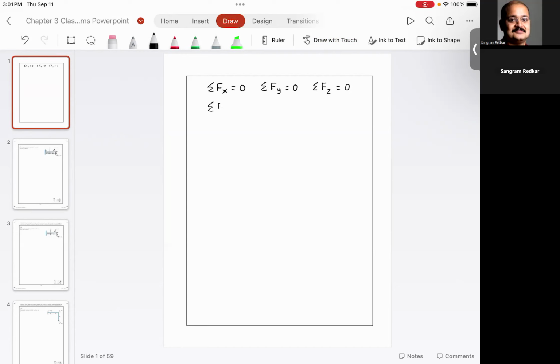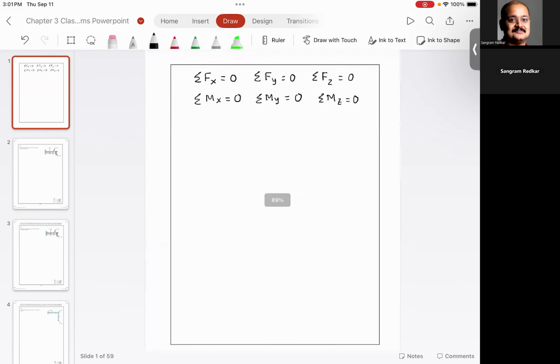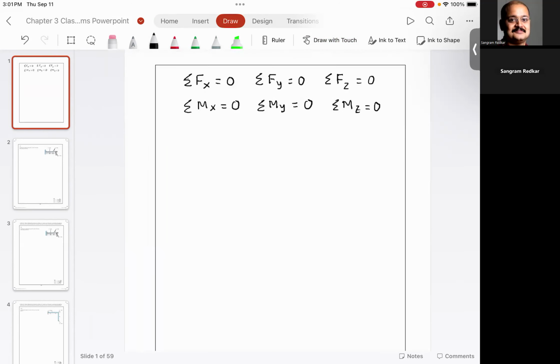Summation of moments about x, summation of moments about y, and summation of moments about z is equal to 0. These are called the conditions of static equilibrium.